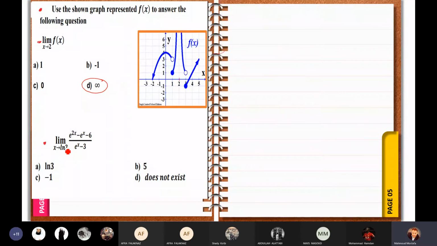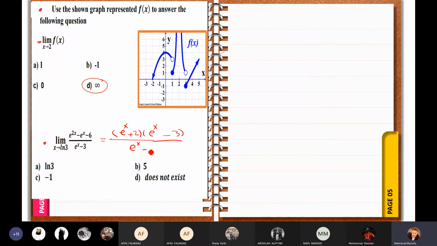Now the limit when x approaches ln 3 of e power 2x minus e power x minus 6, over e power x minus 3. When you substitute x equal ln 3, you get 0 over 0. So what to do? Factorize. E power x, e power x, 2 and 3. 3 is negative, 2 is positive.